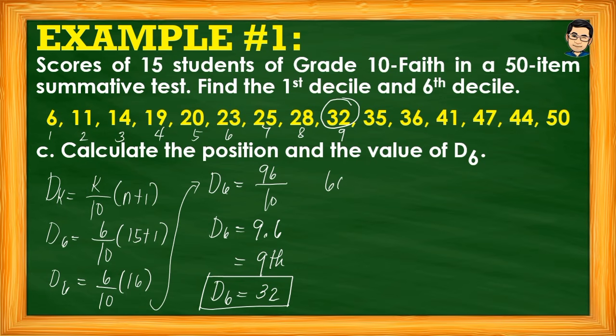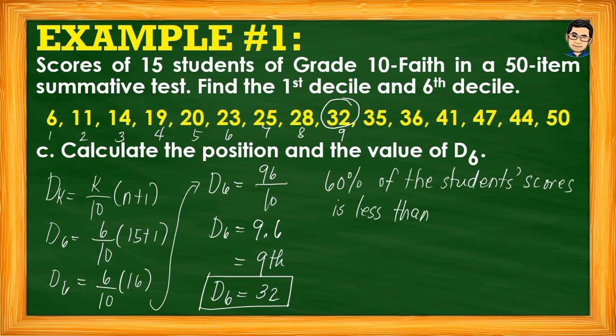So, that is 60% of the student scores is less than or equal to 32. Okay. Ayan po siya. Pwede rin namang 60% of the student scores in a 50-item summative test is less than or equal to 32.